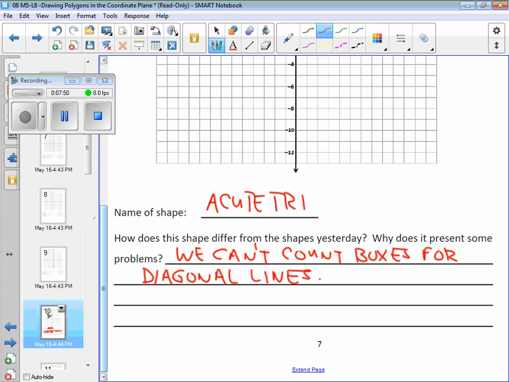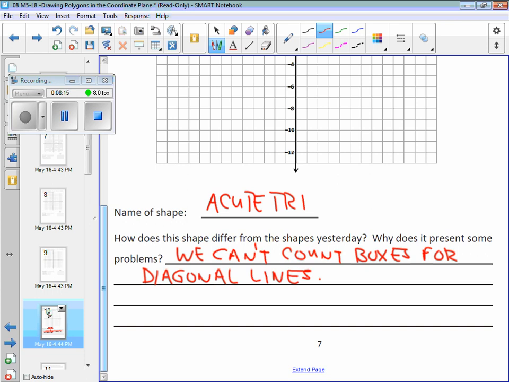Can't count boxes for diagonal lines. So we literally have to, see if this is your little hint, do what? Split it? Count the boxes?